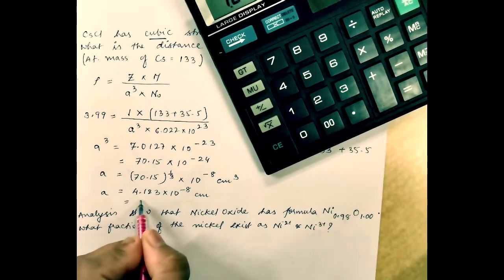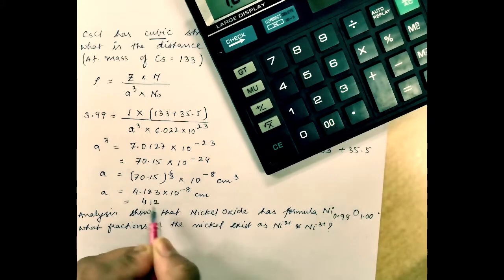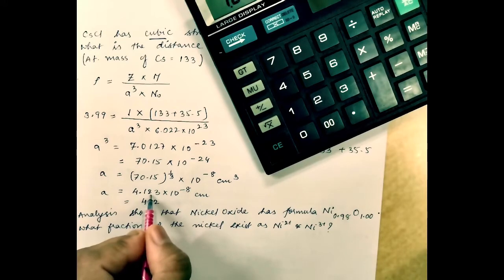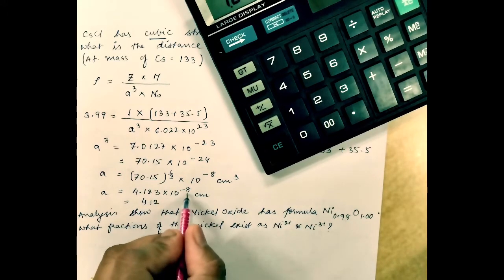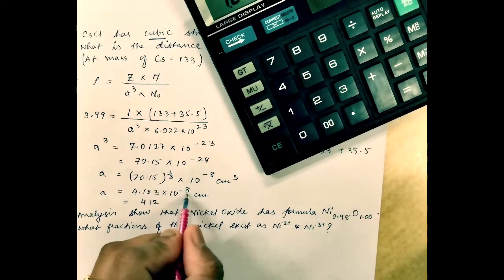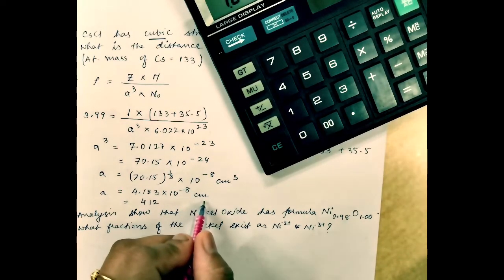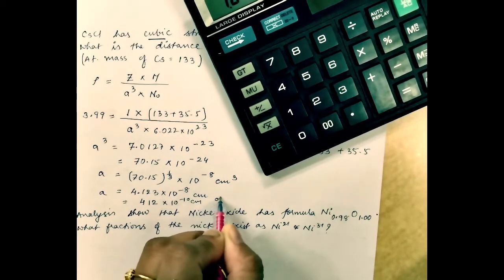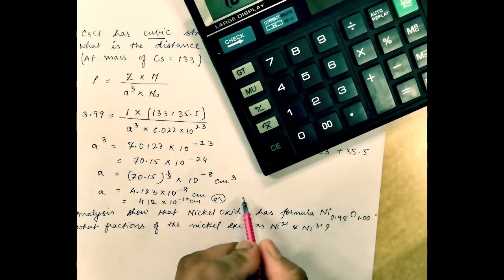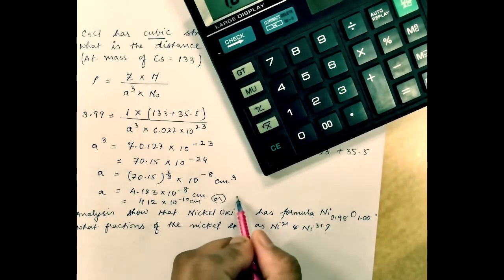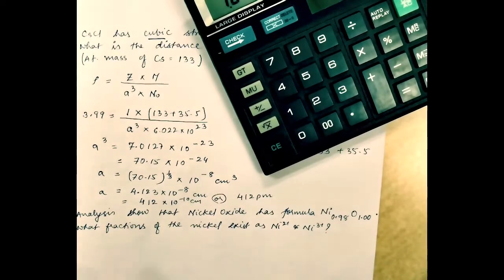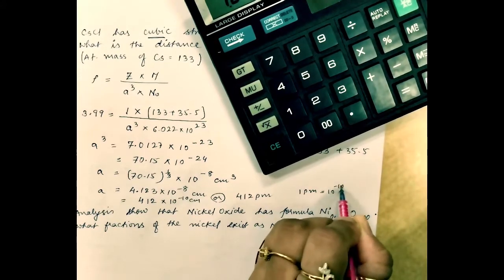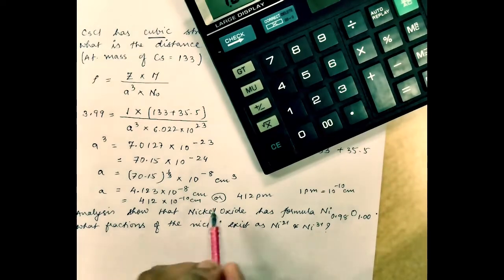And the same thing you can write as 412, that is, I'm shifting the decimal point, so I'm moving 2 digits towards the right, so this will become 10 to the power of minus 10 centimeters, or you can merely write it as 412 picometers. It's because 1 picometer is equal to 10 to the power of minus 10 centimeters. Okay, so this is the answer.